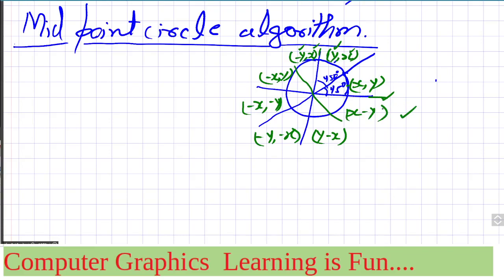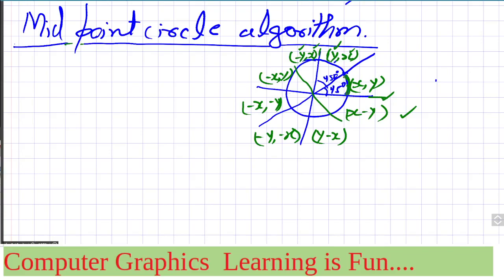So you just have to find the pixel values in one octant, and using these values you can easily find the values of the other octants. Now let us start the midpoint circle drawing algorithm, where we will have to find only the pixels of one octant.